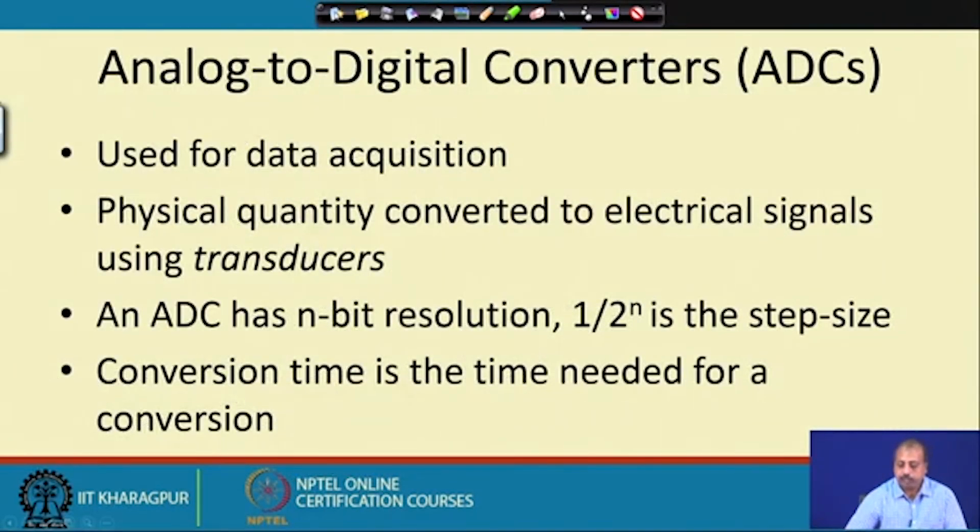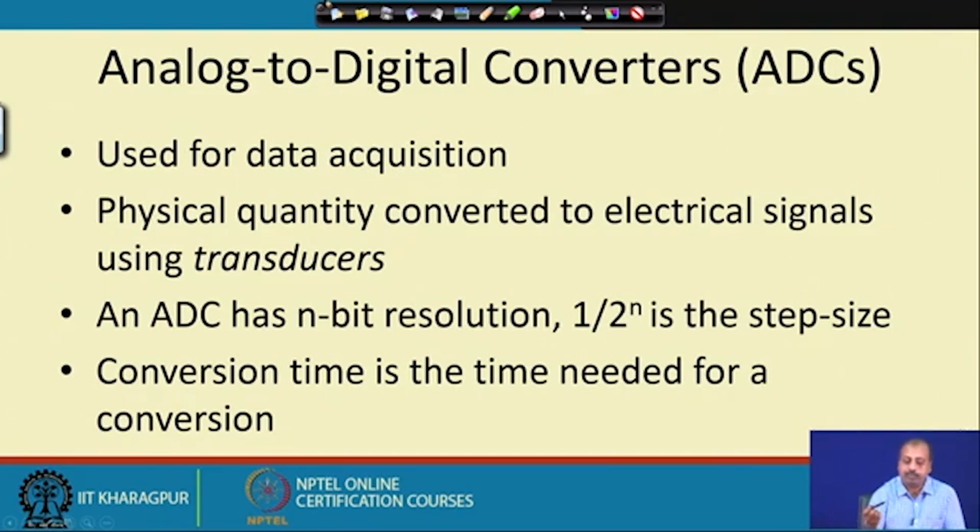So, the device that is mostly used for this purpose is known as the analog to digital converter or ADC. An ADC can have n bit resolution and 1 upon 2 power n is the bit step size. Like if I say that this transducer is producing some voltage, now what is the difference in voltage that it can convert into digital?